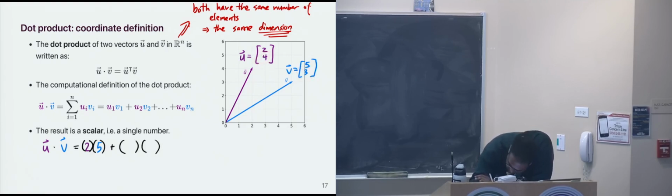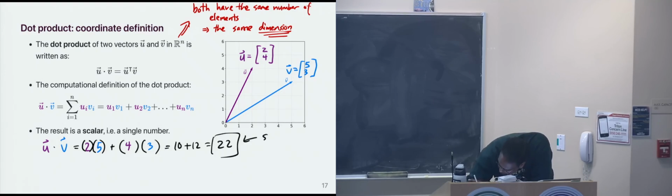So that's 4 times 3. Last I checked, that's 10 plus 12, which is 22. A key to keep in mind is that this is a scalar, which is just one number.